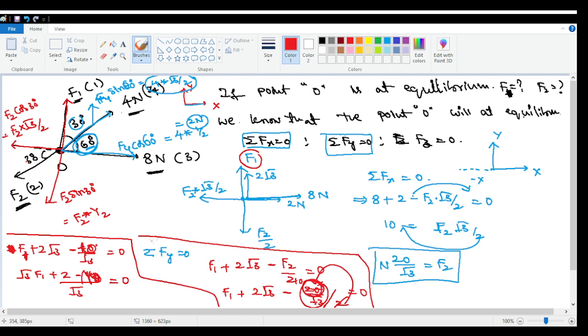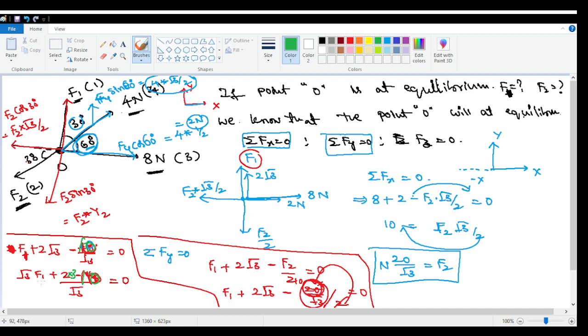So here is the 10, so this is the 10. Yes, very good. 3 will come, okay, 3 will come. So that is equal to 6 only, correct.